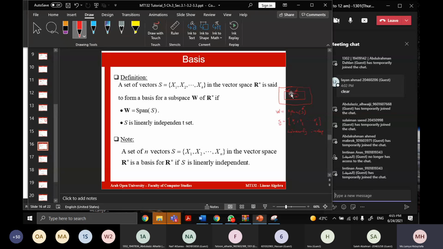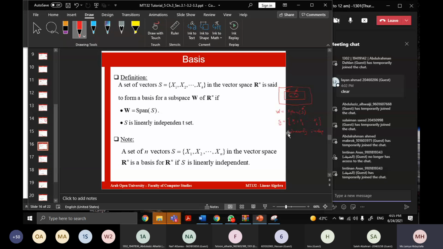If one of them can be given in terms of the others, there is no need for it, because they can replace it. It is extra, so I don't need it.